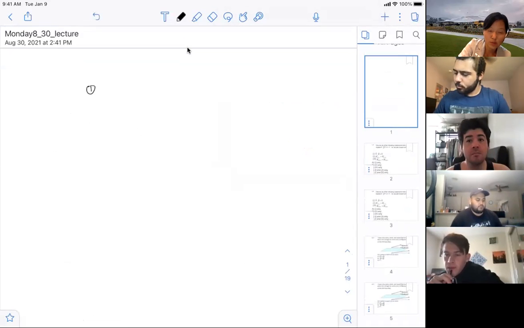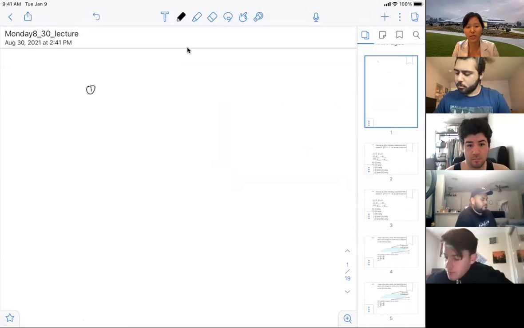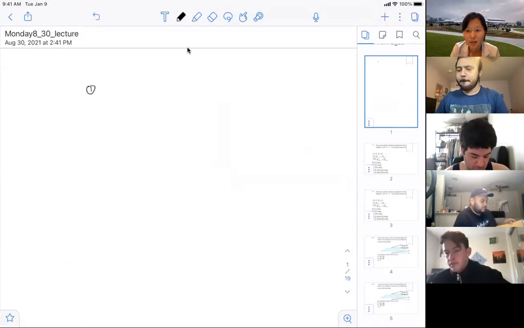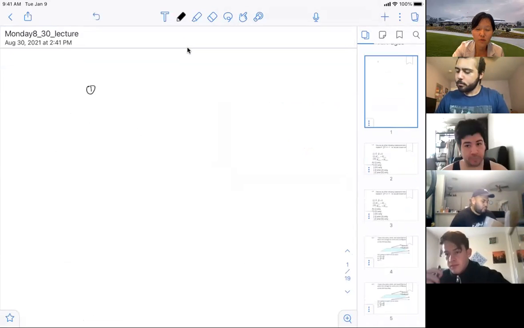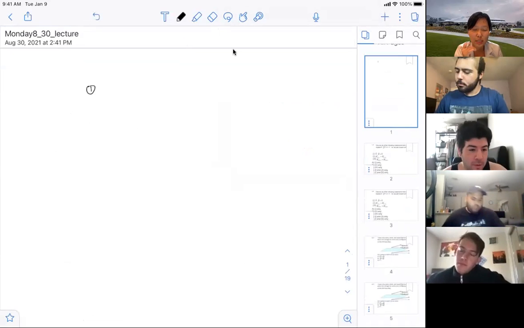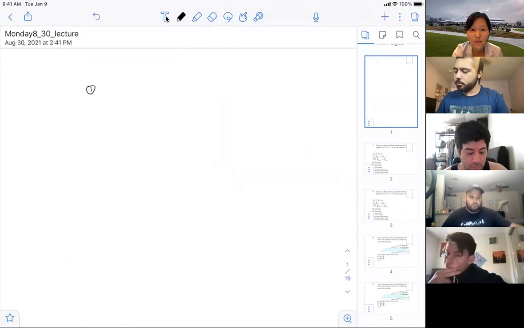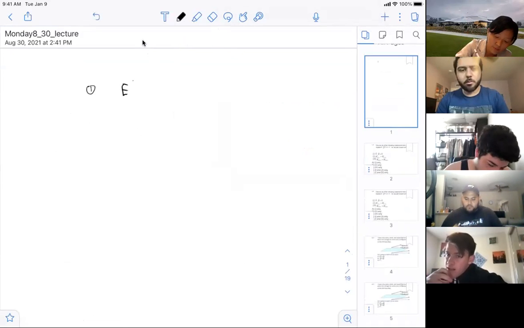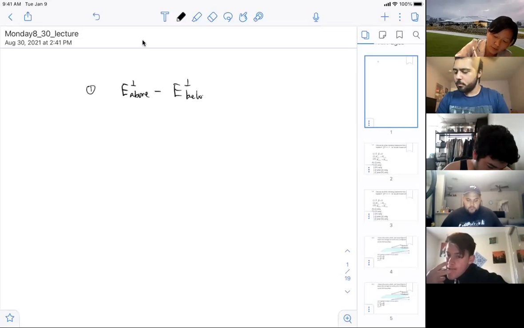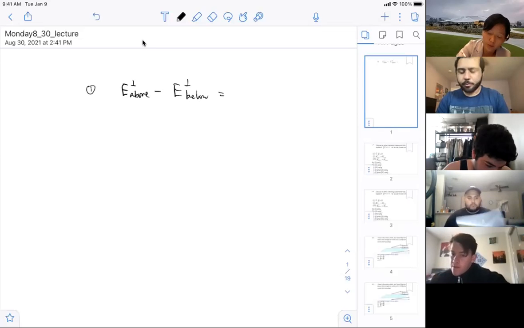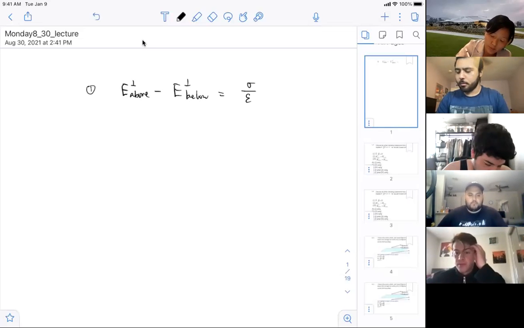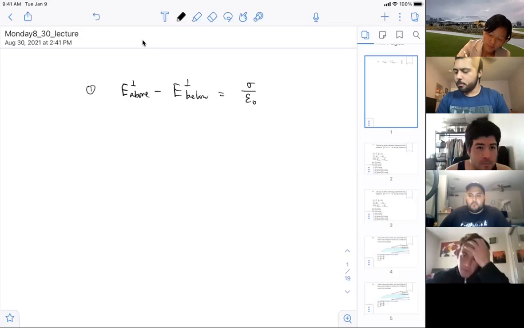We'll list all the boundary conditions you remember. Anybody remember any of the boundary conditions we derived previously? We have E perpendicular above minus E perpendicular below is equal to sigma over epsilon naught. Okay, very good. Excellent.